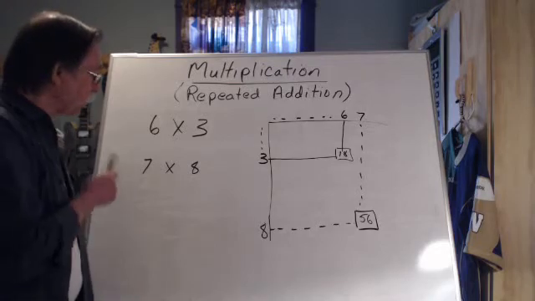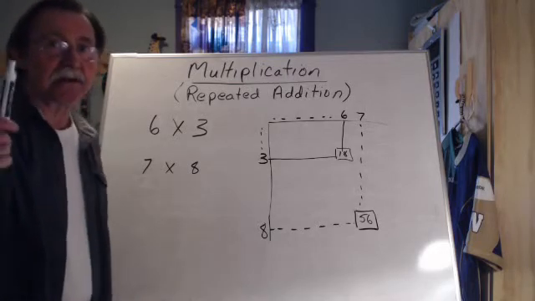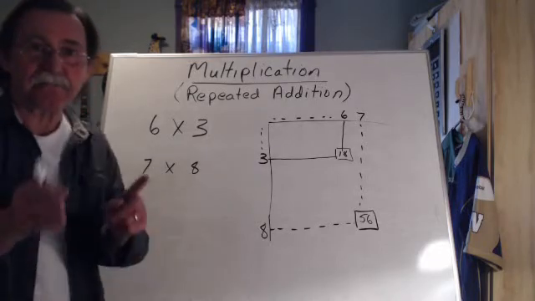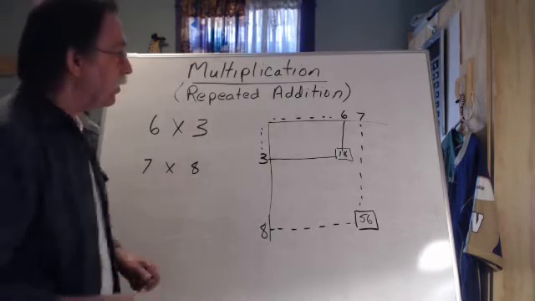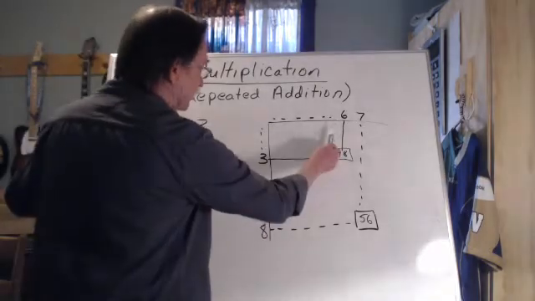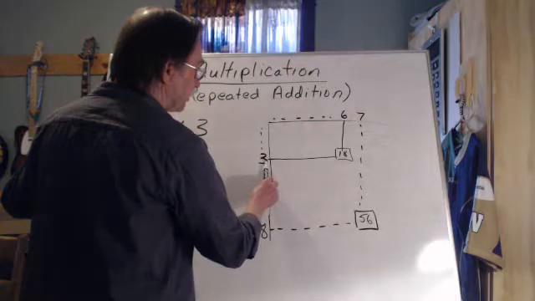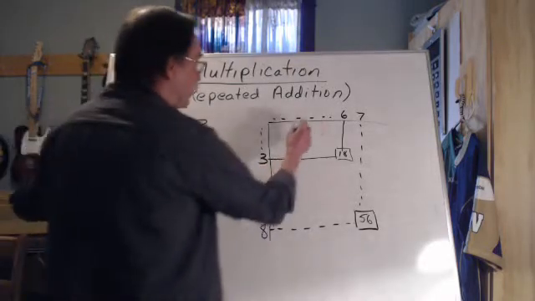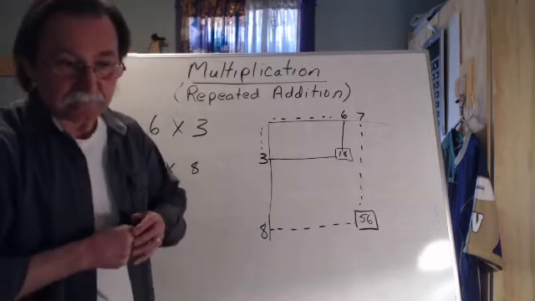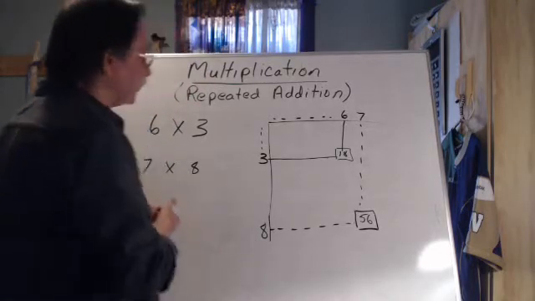And multiplication has a special property in that you can flip-flop them. So we had over here 6 times 3. You could also go 3. I'll have to stick with this color.